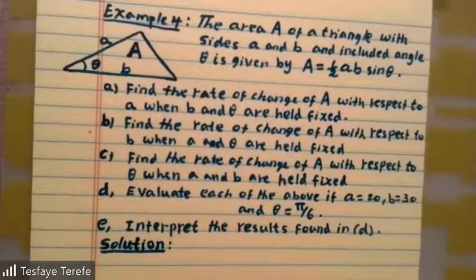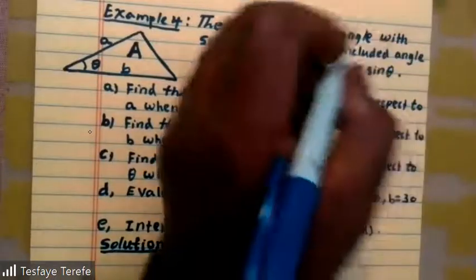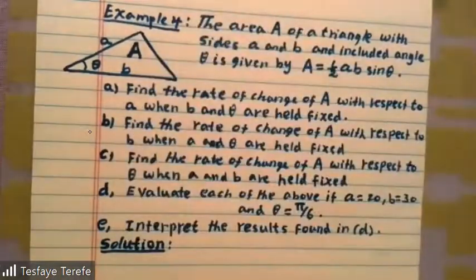For example, the area A of a triangle with sides a and b and an included angle theta is given by one half a b times sine of theta.